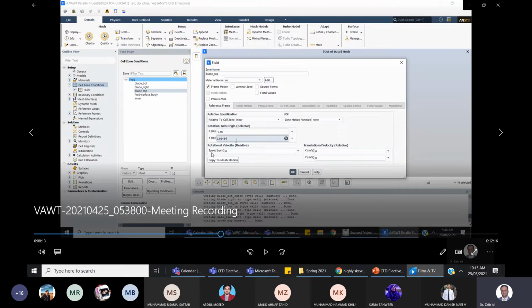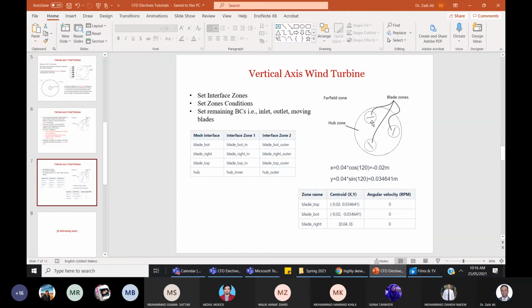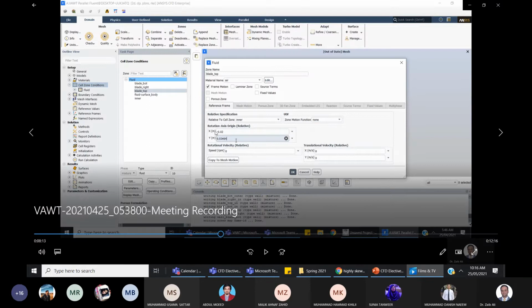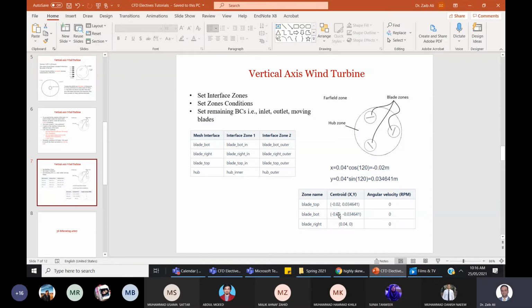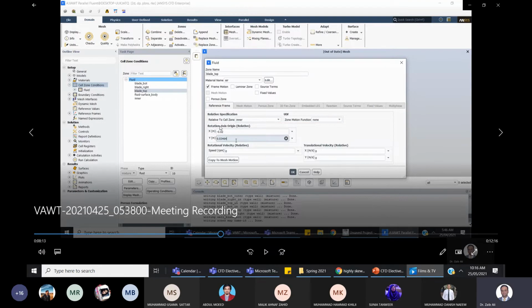Inner, with an rpm of 0. We have left it at 0 because it's a relative velocity. If we had chosen absolute, then we would have given 40 over here. And then we also need to prescribe the rotation axis origin, which is the centroid of this inner zone relative to the global region. So the coordinates which are given over here, we need to mention in this rotation axis origin.